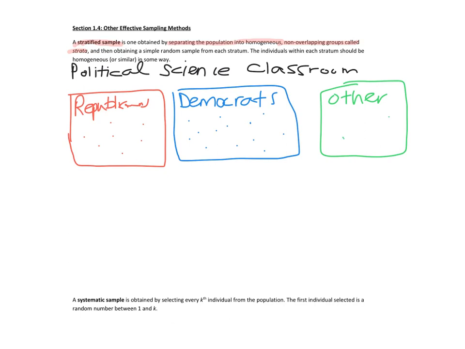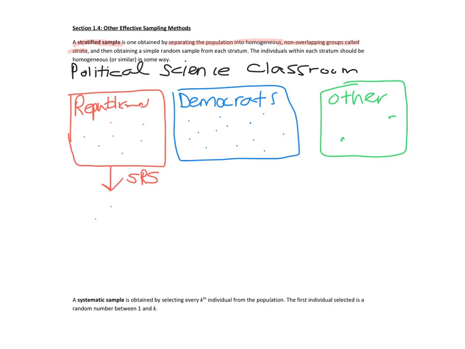All right. So notice in how I drew the picture, we have the most Democrats, second highest population of Republicans, and then the other. So when we do our simple random sample from all groups, we can do it so our sample is proportional, similar proportions as our population.